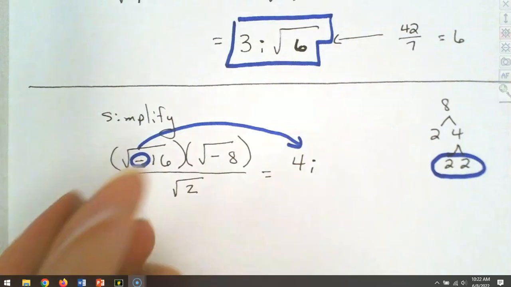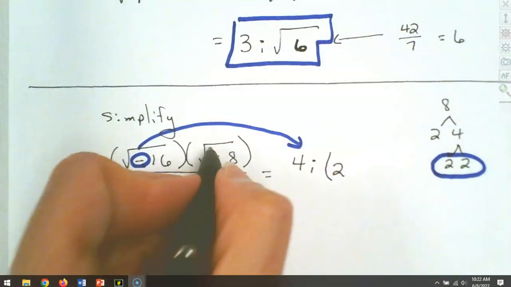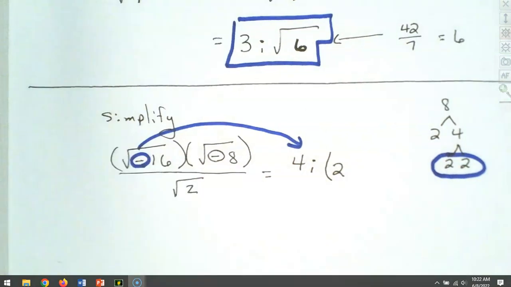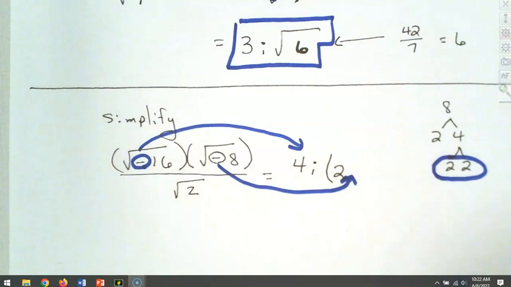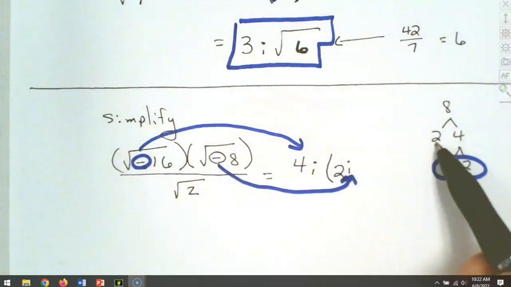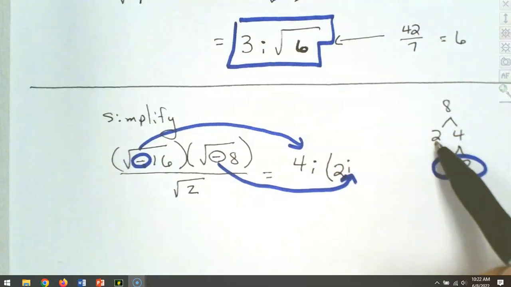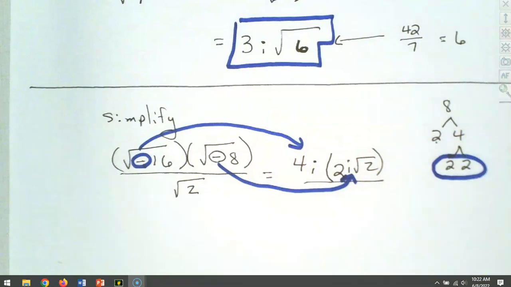And I like to use parentheses, that way it's less confusing. So I have a 2. Now, because this is negative here, now I can come out, and what's left over that we didn't have paired up? That 2 is still by itself, right? So it comes out as the square root of 2 underneath, over the square root of 2.